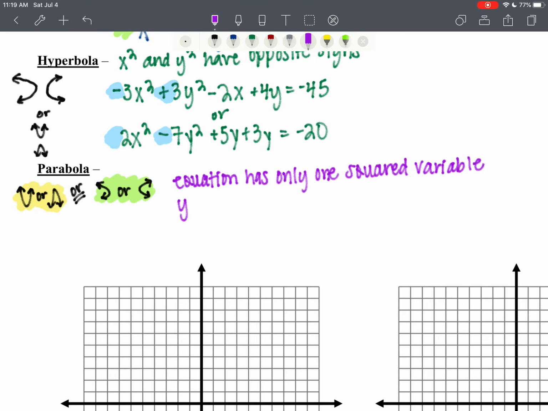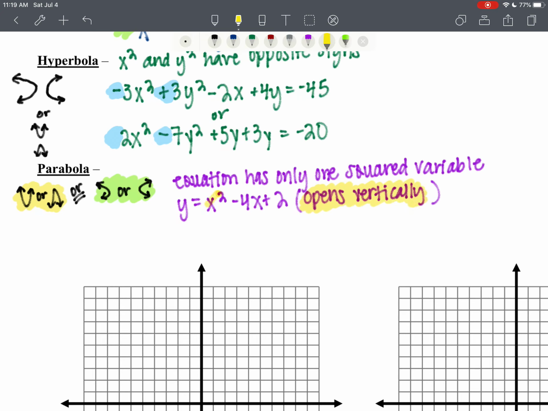So we'll have y equals x squared minus 4x plus 2. This would be an example of a parabola opening vertically. And not only vertically, but it would open up. But the big part here is opens vertically. Why does it open vertically?